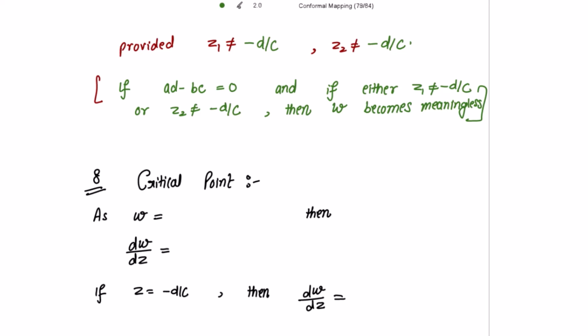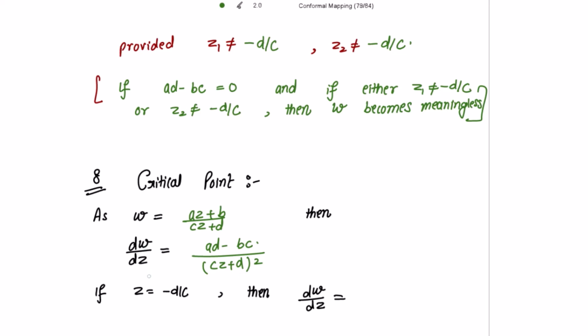Okay. Then is the critical point. W is equal to AZ plus B over CZ plus D. Just taking the derivative with respect to Z, we get CZ plus D whole square in the denominator, and in the numerator, after solving the derivative, we get AD minus BC. So if Z is equal to negative D over C, then dW over dZ becomes infinity, because when Z is negative D over C, the denominator will become 0.